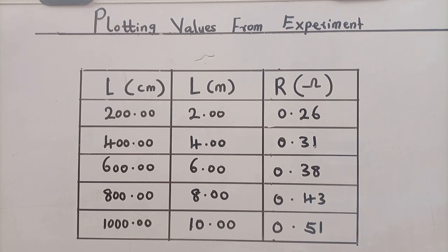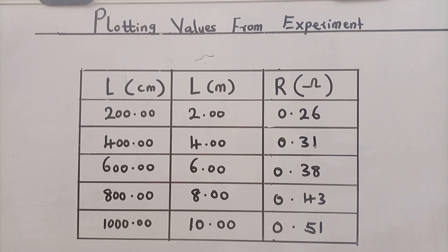With a setup not shown here and a procedure not described here, he discovered that when he got a particular wire of a given thickness and measured 200 centimeters of the wire, after he tested, the wire can cause a resistance of 0.26 ohm.